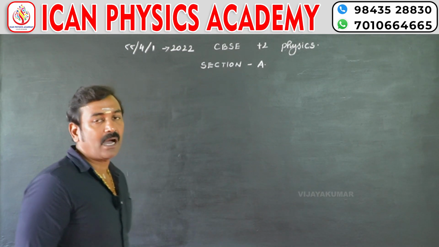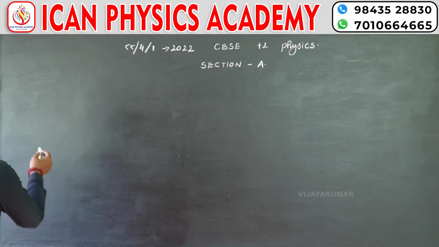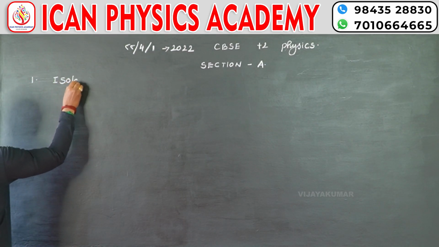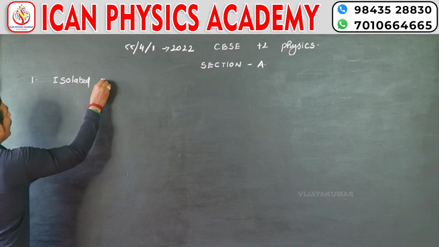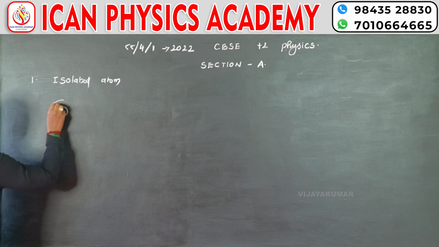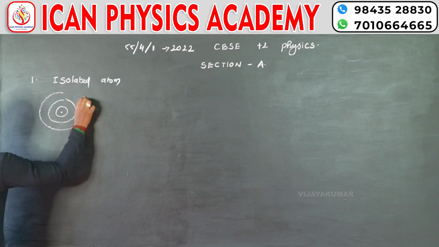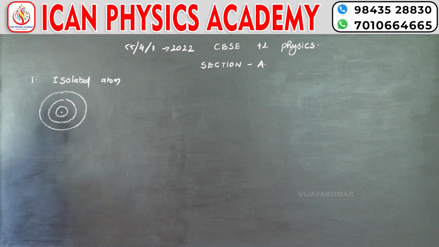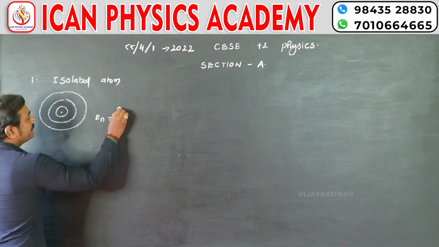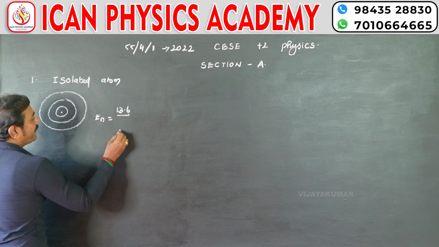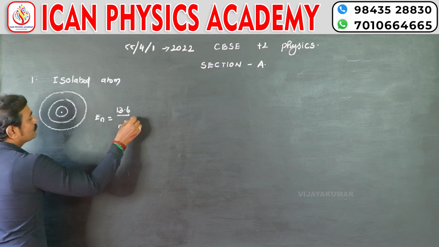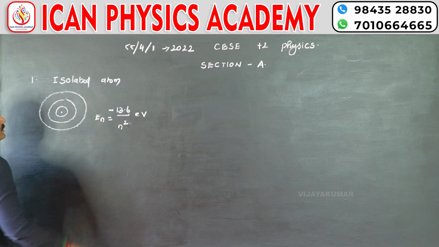In the lesson on atoms, what we have studied is an isolated atom. So let us consider this is the isolated atom. For this isolated atom, the energy of the nth orbit is minus 13.6 divided by n squared electron volt.